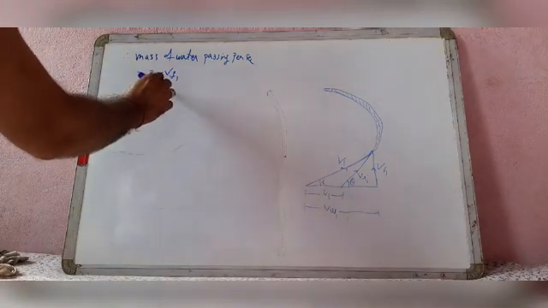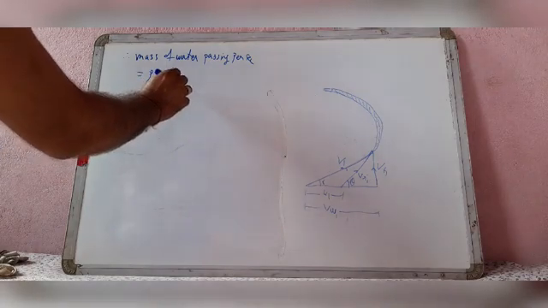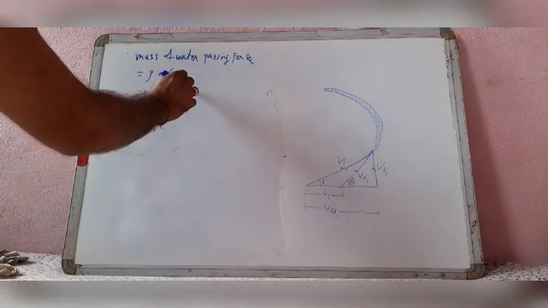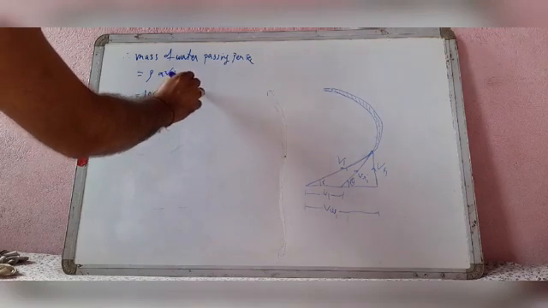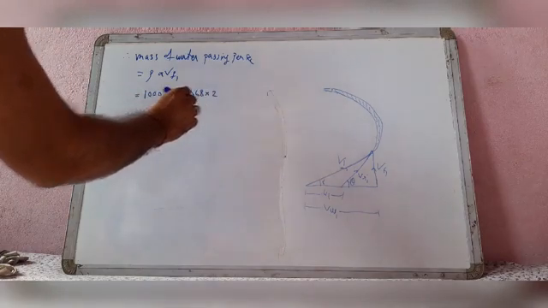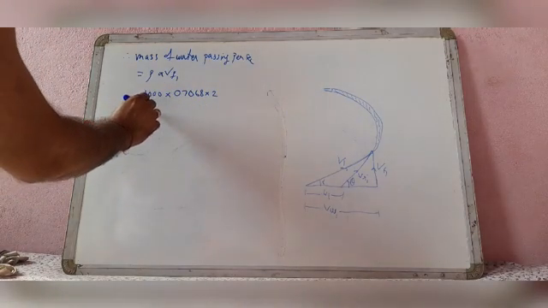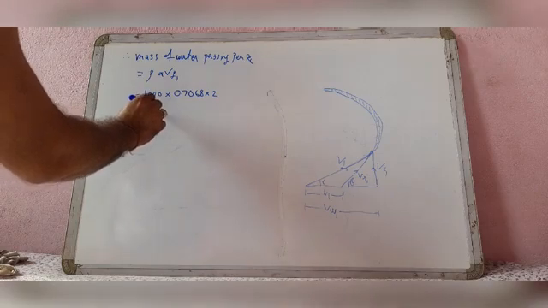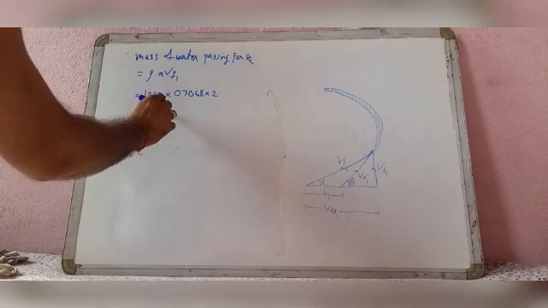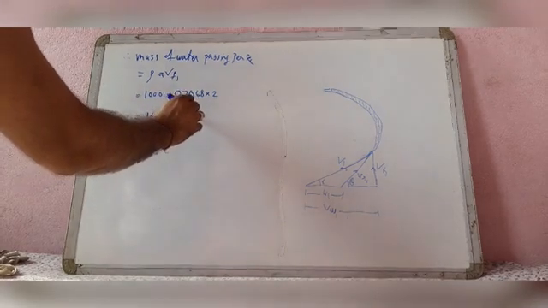Rho is 1000 for water. Area we have calculated, that is 0.7068, into Vf1 is given 2. So this mass comes 1413.6 kg.